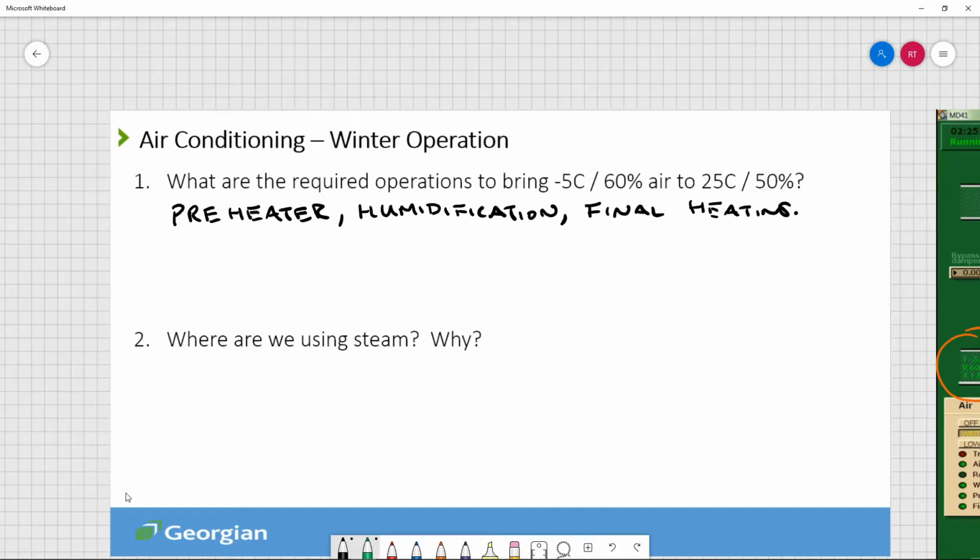Okay, and where are we using steam? Well, we're using steam in all of those. The preheater, yep. The humidification, so we're pre-warming the water that's being sprayed in.